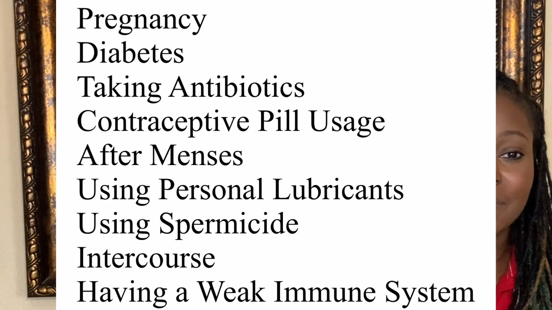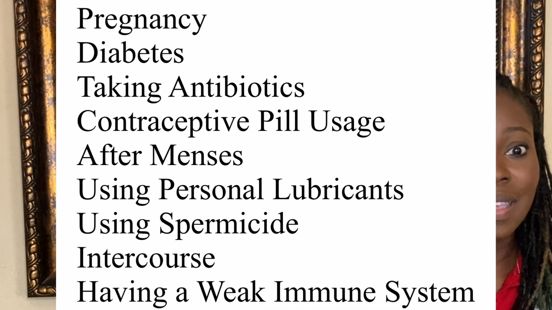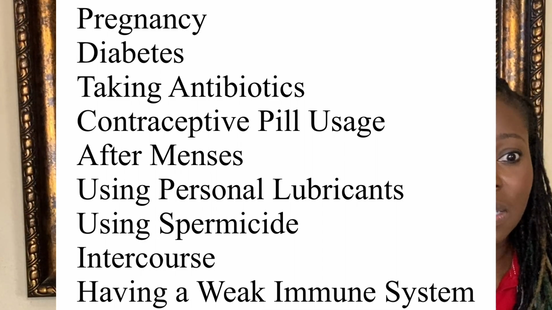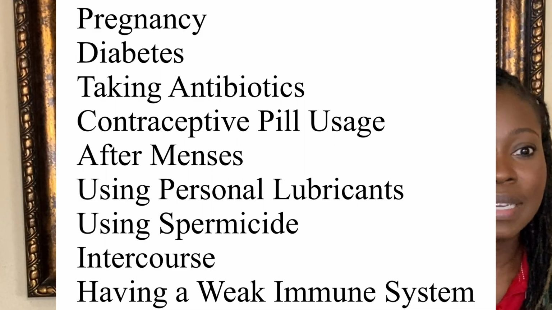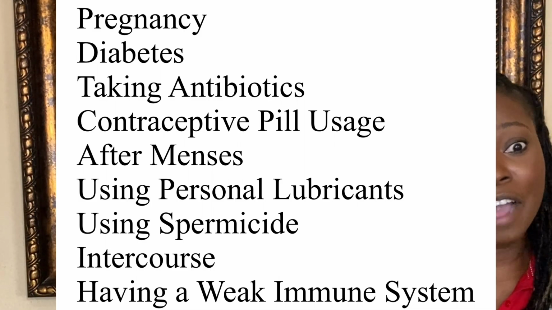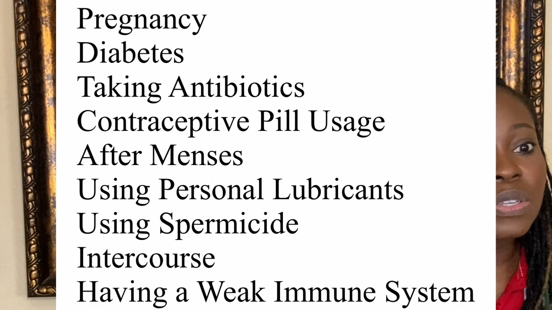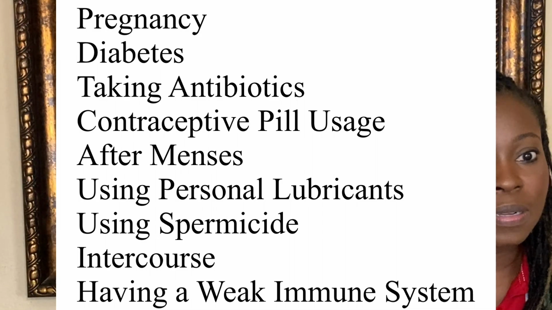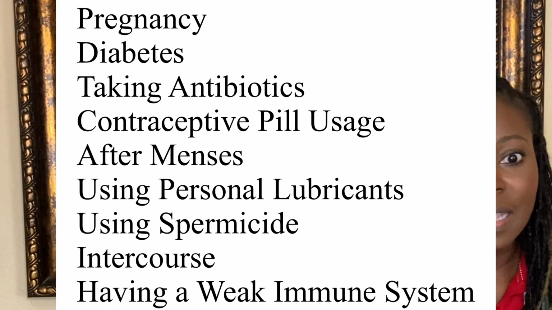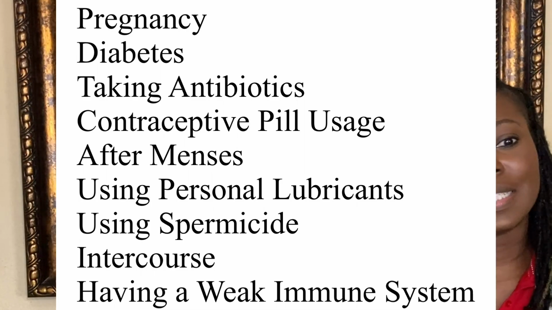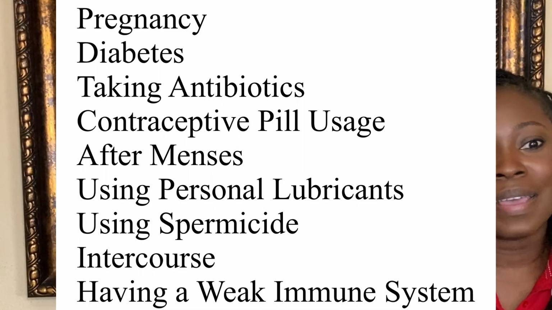Now, what can cause a fungus to grow out of control? So some of these environmental changes can be pregnancy, diabetes, taking antibiotics, using contraceptive pills. It can occur after a period. It can also happen using personal lubricants, spermicides, and sometimes in and out activities that happen between partners in bed, or simply having a weak immune system.